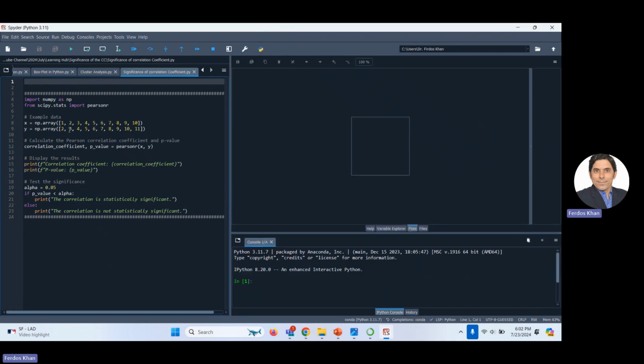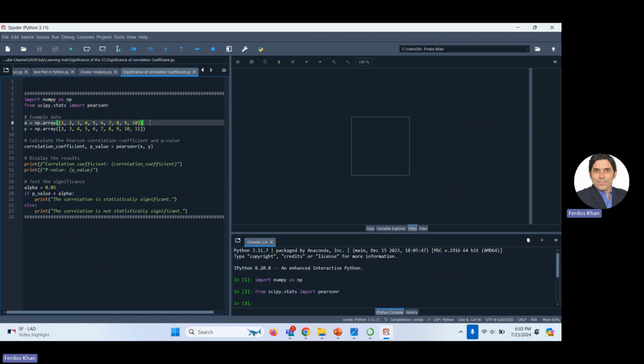You need two libraries: NumPy to make these arrays, and then from SciPy import pearsonr. We are using linear correlation testing, and the others maybe next time. Then you need to create two data sets. You may have your own data set for two variables, or you can use ones from online sources. This is bivariate analysis.